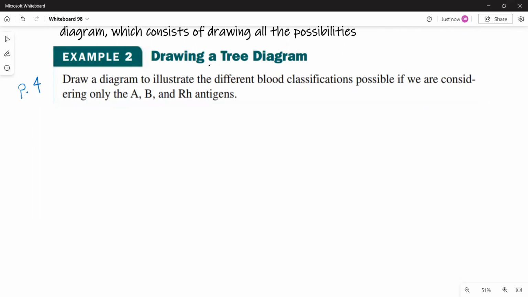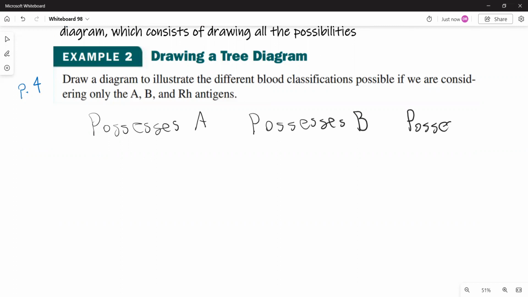So we can organize it as if the blood possesses the antigen A, that it possesses B, and whether it possesses RH. Okay, so we begin.